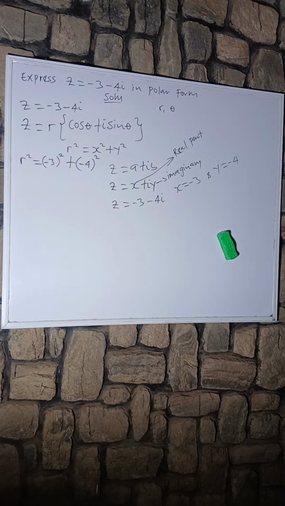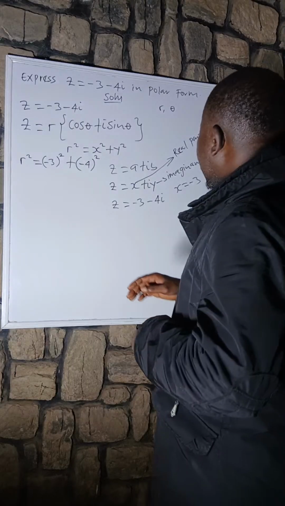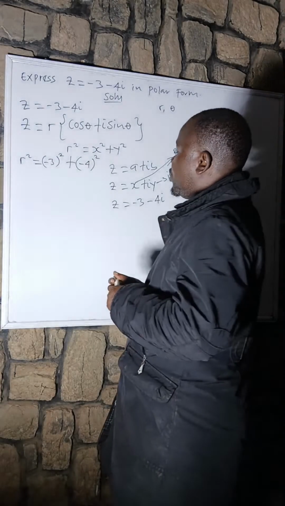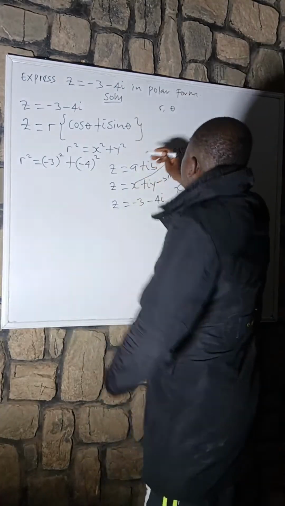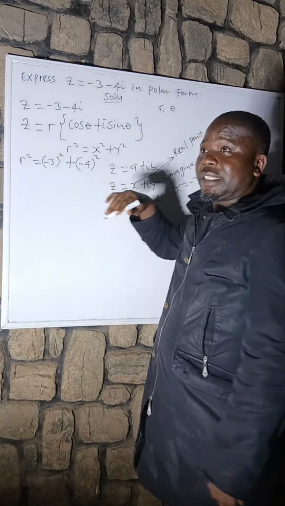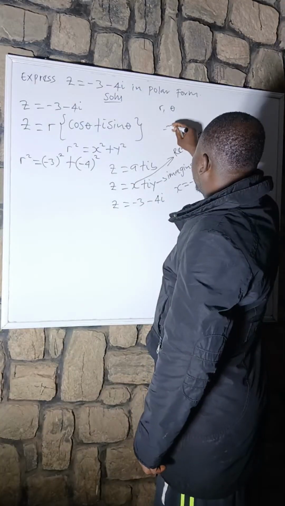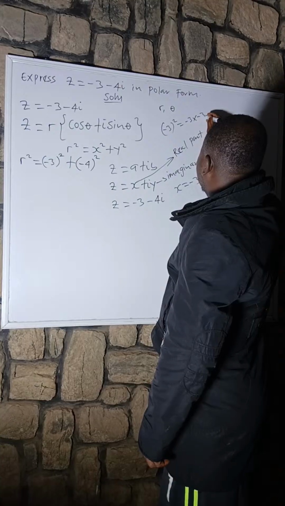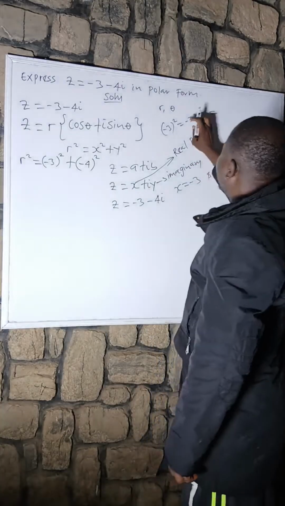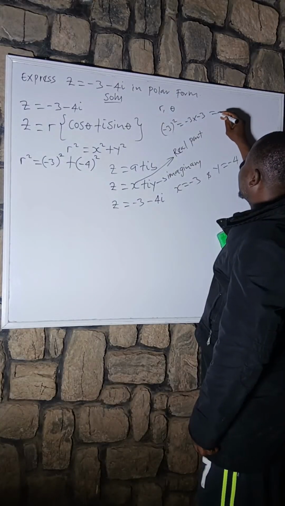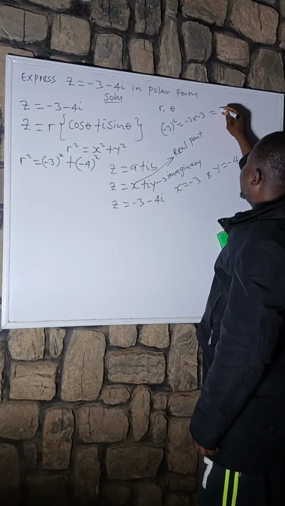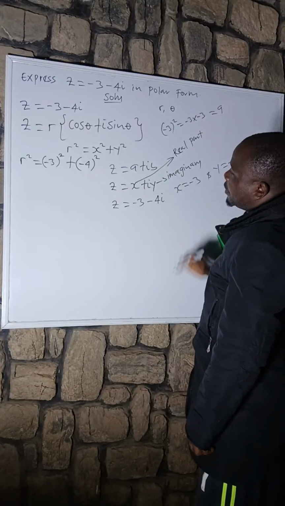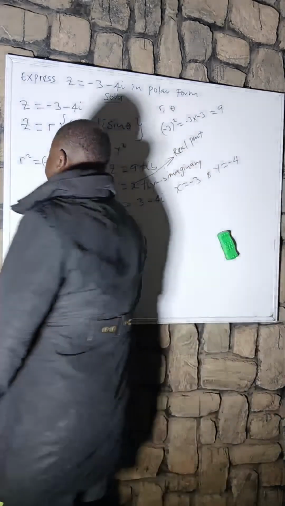So as long as mathematics is concerned, 3 times minus 3, minus times minus is plus, 3 times 3 is 9, right?